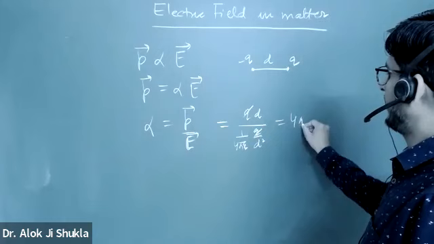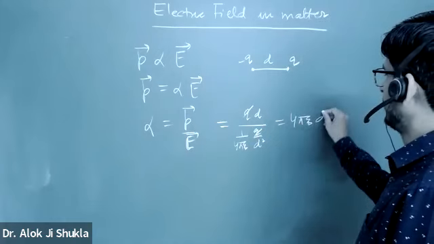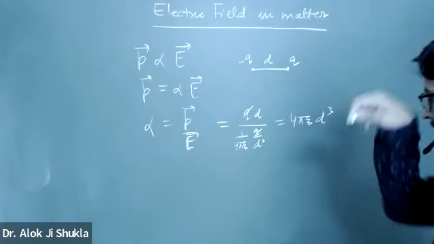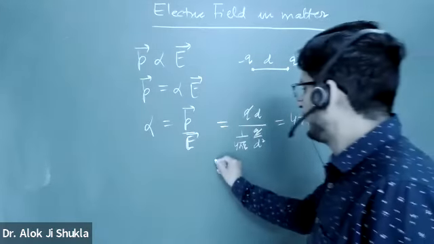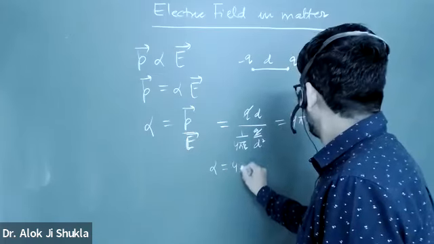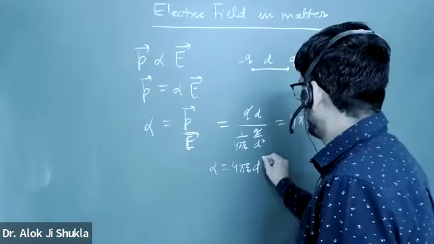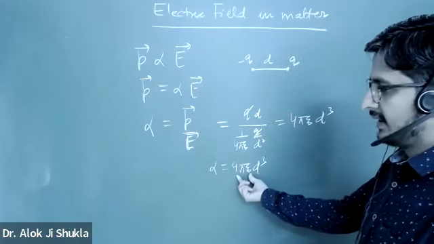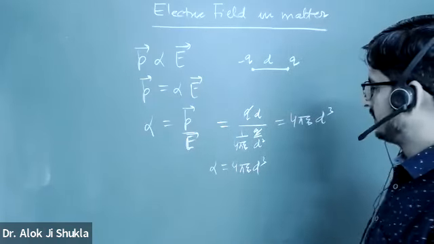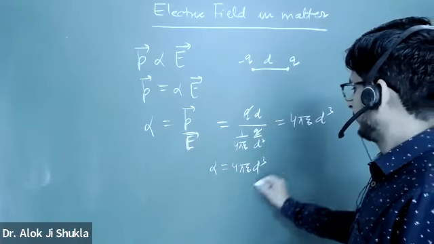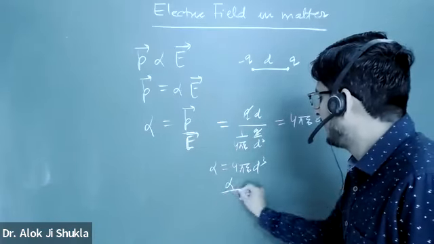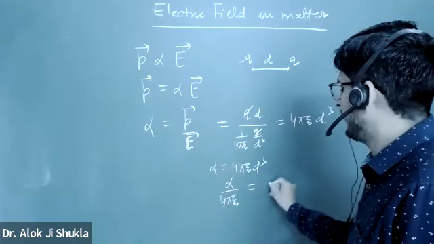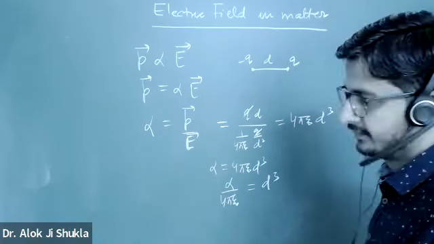It will become 4 pi epsilon naught D cube. So this is the value of alpha, 4 pi epsilon naught D cube. Because this will be coming again and again, we can define a new alpha by 4 pi epsilon naught, so it will be only D cube.